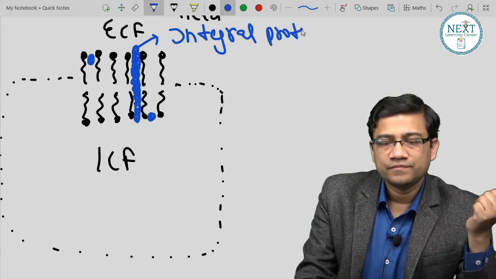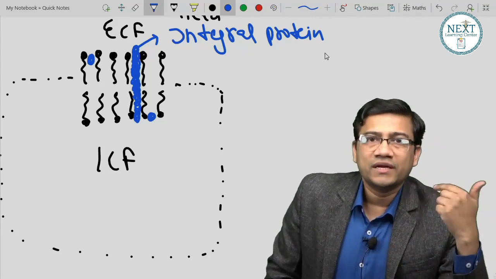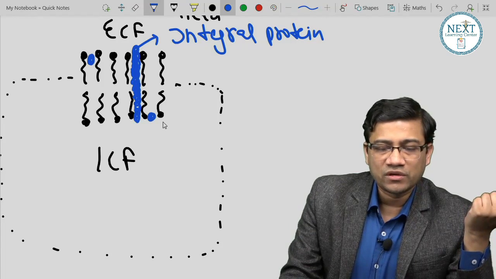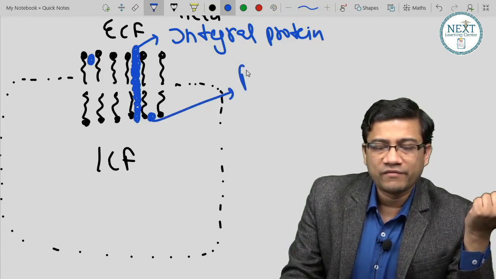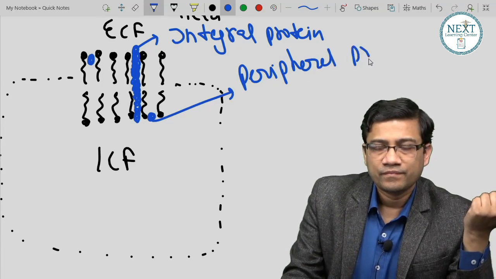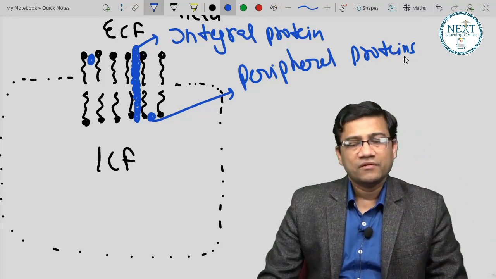Okay, because they are integrated from one end to the other end of the phospholipid layer, and these ones which are on the inner or outer side are called peripheral proteins.